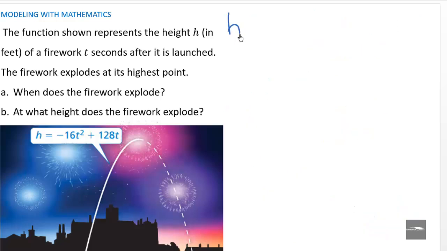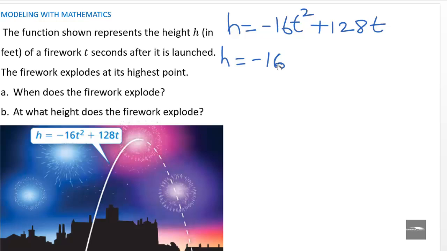With the second approach, we use the completing the square method. So the function given to us is negative 16t squared plus 128t. So we factor negative 16 out to obtain t squared minus 8t within the parentheses.